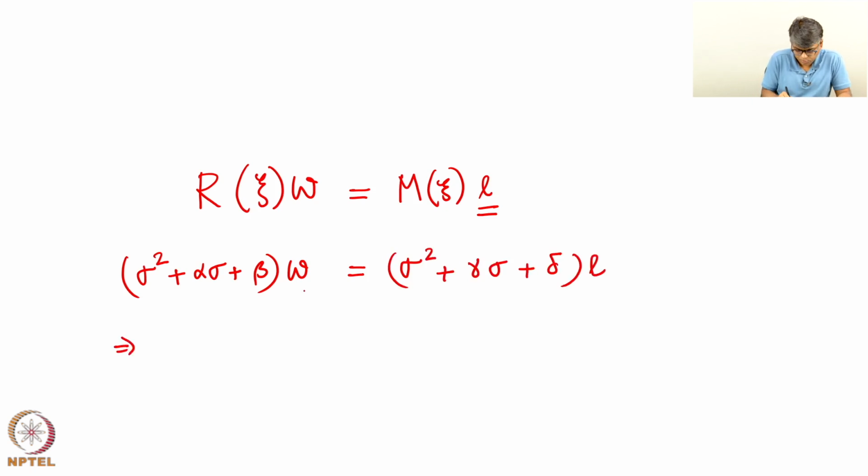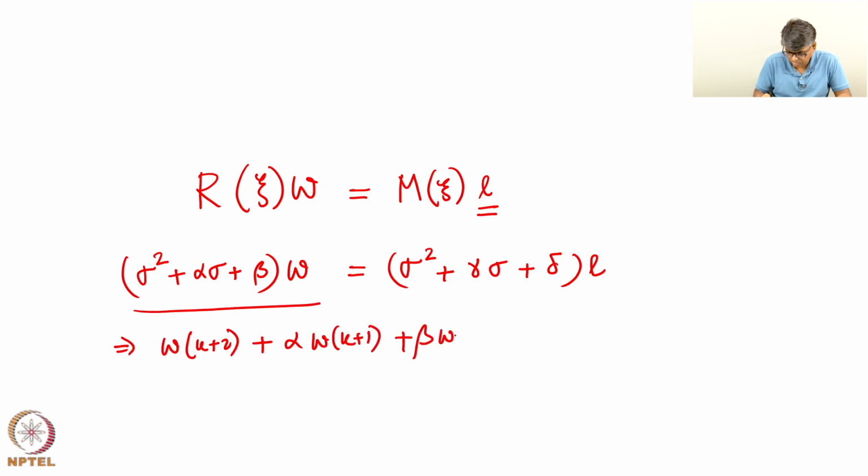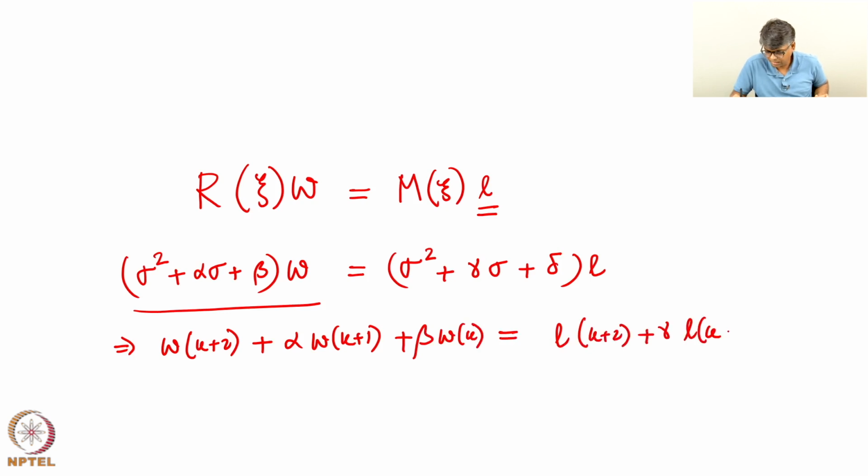This means w(k+2) + αw(k+1) + βw(k) equals l(k+2) + γl(k+1) + δl(k).